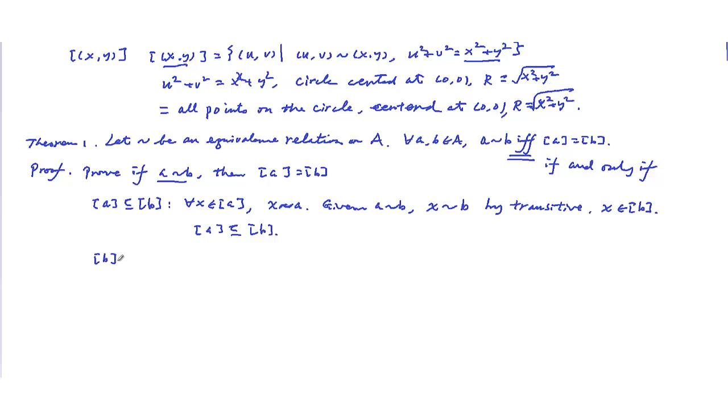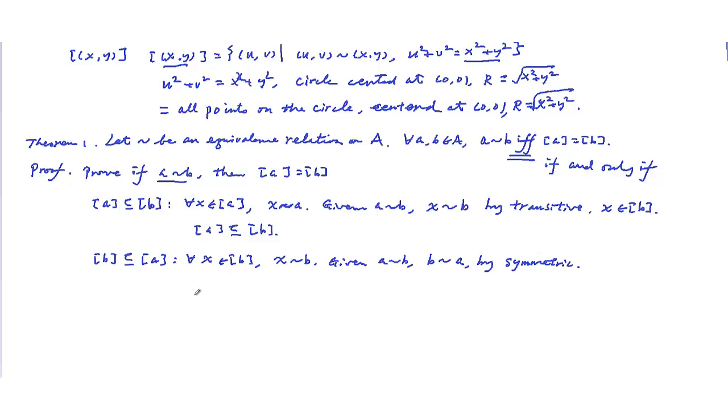The other way, we want to prove class b is a subset of class a. So now let's pick an element x in class b. That means x is related to b, because that's what the equivalence class means. And now, because we are given a is related to b, then b is related to a by symmetry, because an equivalence relation is symmetric.